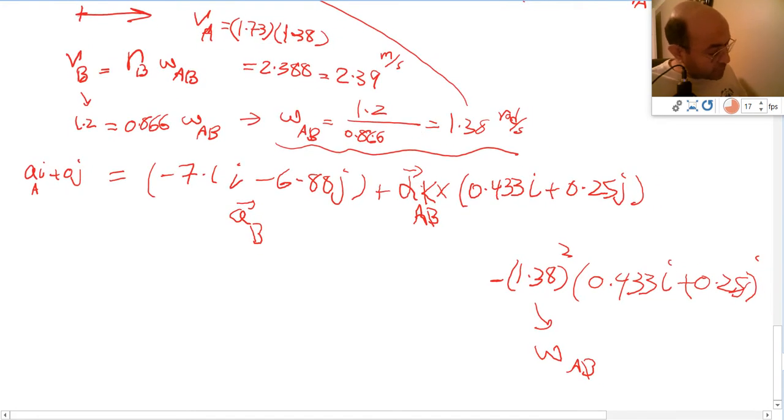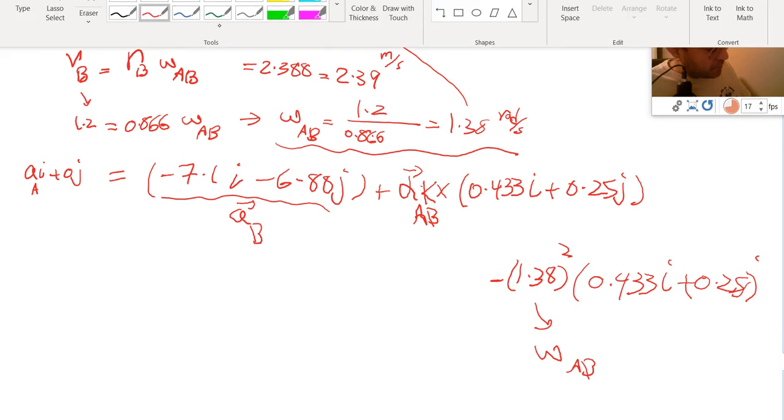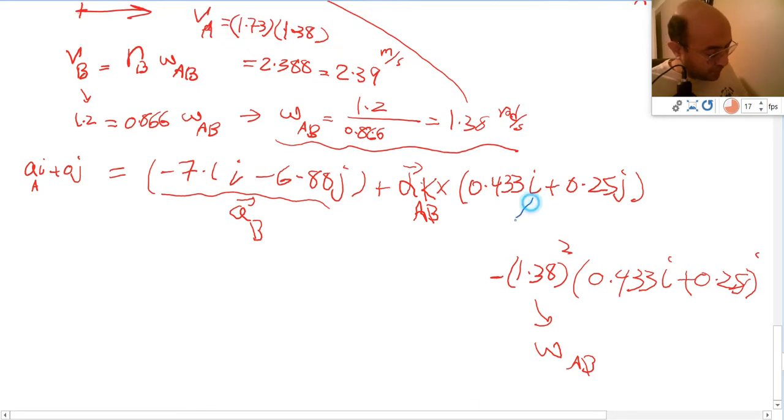So let's simplify this equation. First one just has I and J, so no simplifying needed. I'm going to change the pen. So I have K cross with I, which is equal to J. The next one I have is K cross with J. We discussed how we did this calculation.